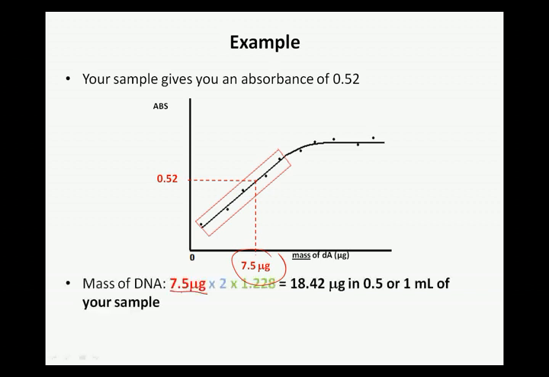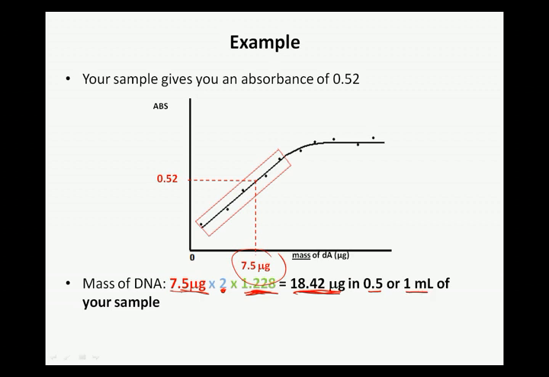And so what you have to do, if that's your mass, is first multiply this mass by 2 to account for the fact that only half of the nucleotides will react in DNA. And then you multiply by this factor, which adjusts for the difference in molar mass of the nucleoside monophosphate in DNA versus deoxyadenosine. And this will give you the correct mass that you had in either 0.5 or 1 milliliter of your sample.